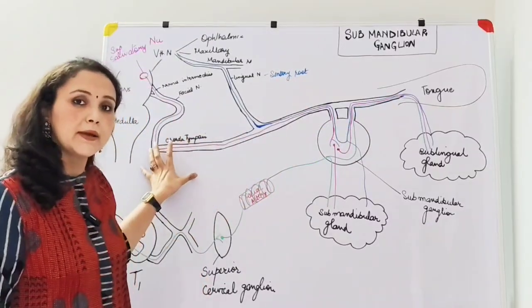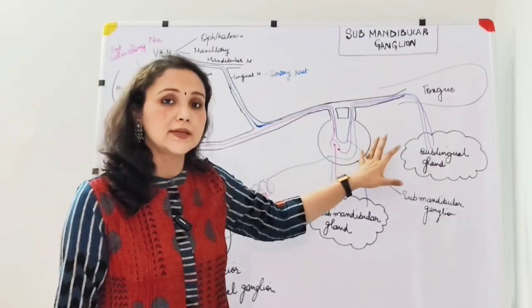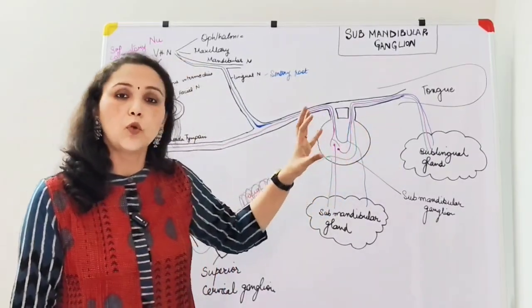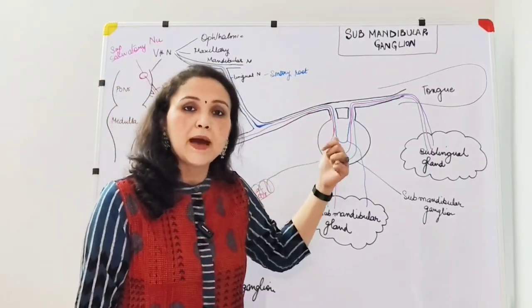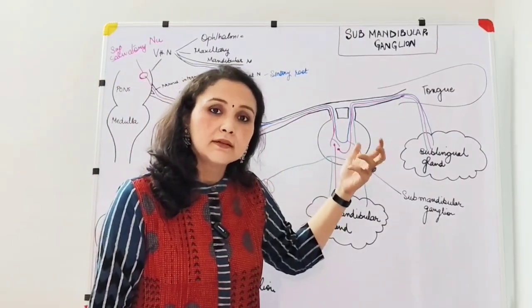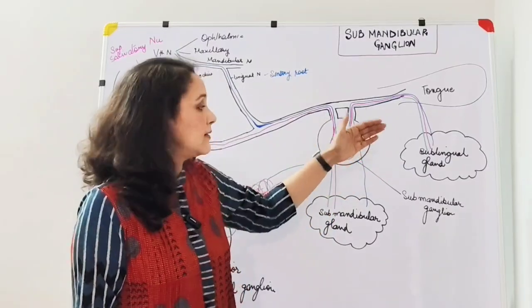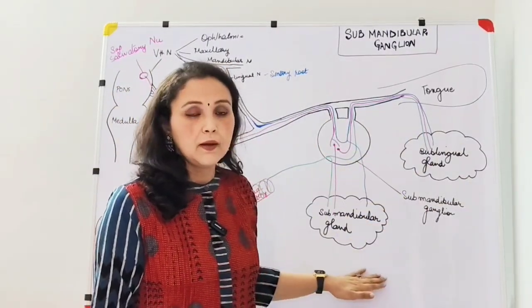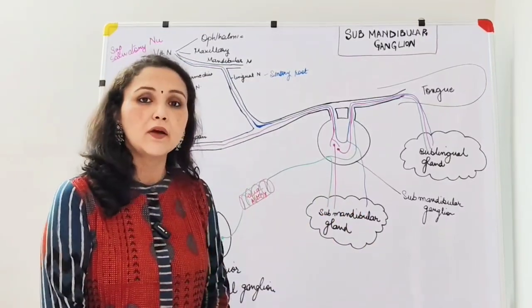So if the chorda tympani nerve is affected, obviously the secretomotor route is affected, leading to dryness in the mouth. It will not lead to total loss of secretions, because you have another important gland, the parotid gland, that is contributing a lot to the saliva. But yes, the secretions from these glands obviously will be affected, right? So this is how the questions come from the submandibular ganglion.